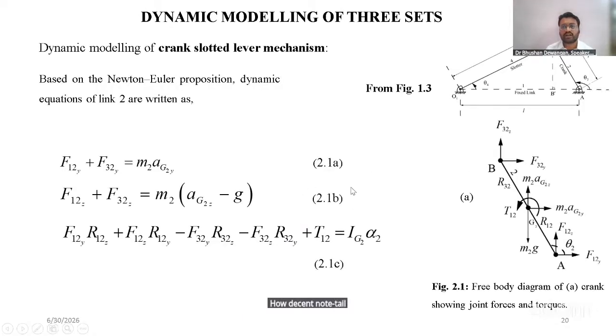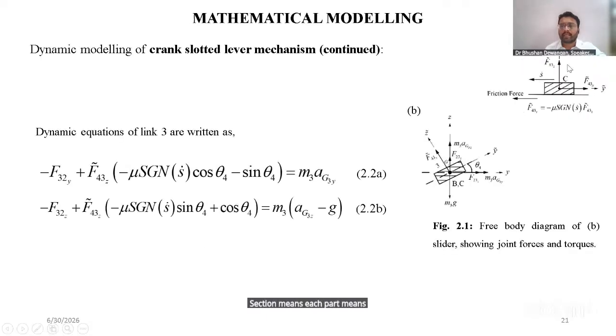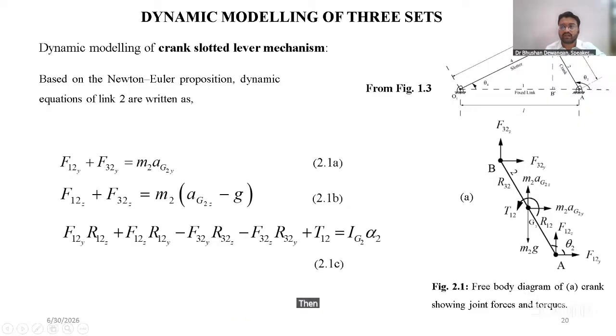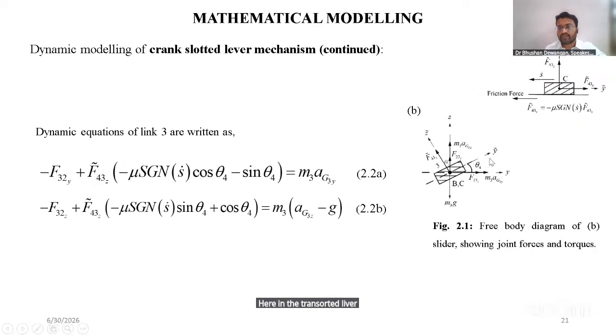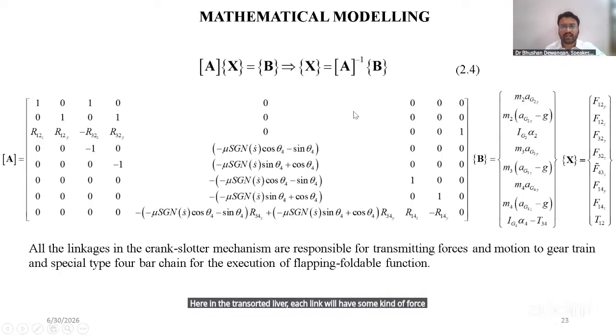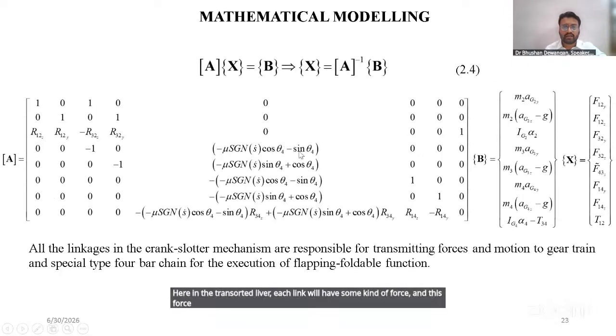So this is the dynamic setup. I have used the Newton-Euler formulation for each section, meaning each part, such as the crank slotted lever. Then in the crank slotted lever, each link will have some kind of force, and this force can be utilized like that.